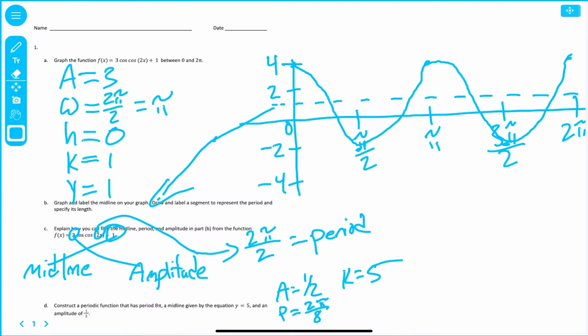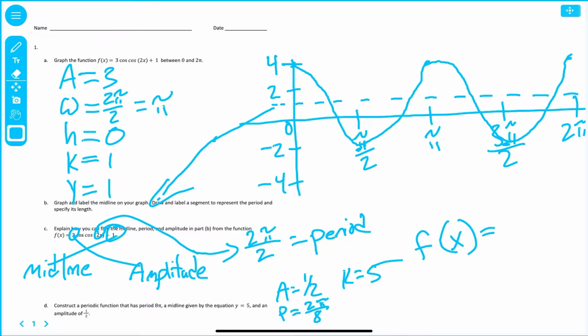So if we rewrite that, does it tell us which type of function? No. All right, do we want to write this as a sine or a cosine? All right, let's do sine. So f of x is going to equal what?